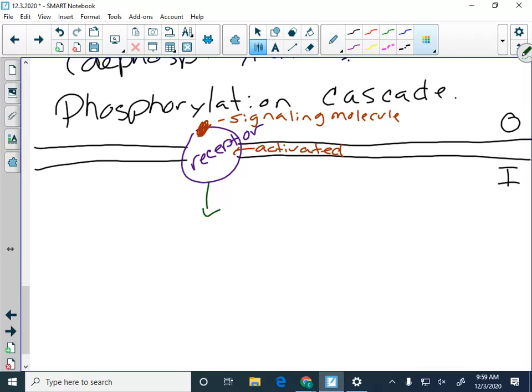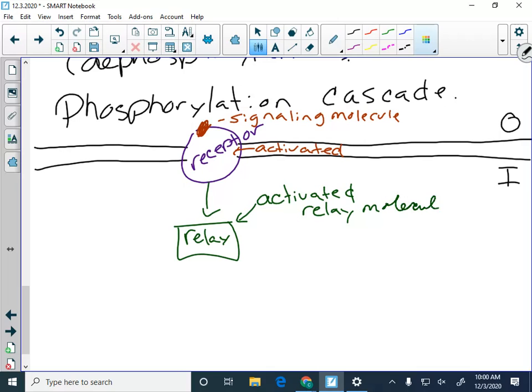This will activate a relay molecule. So all those molecules that we drew yesterday that I said cellular response, this is that molecule.